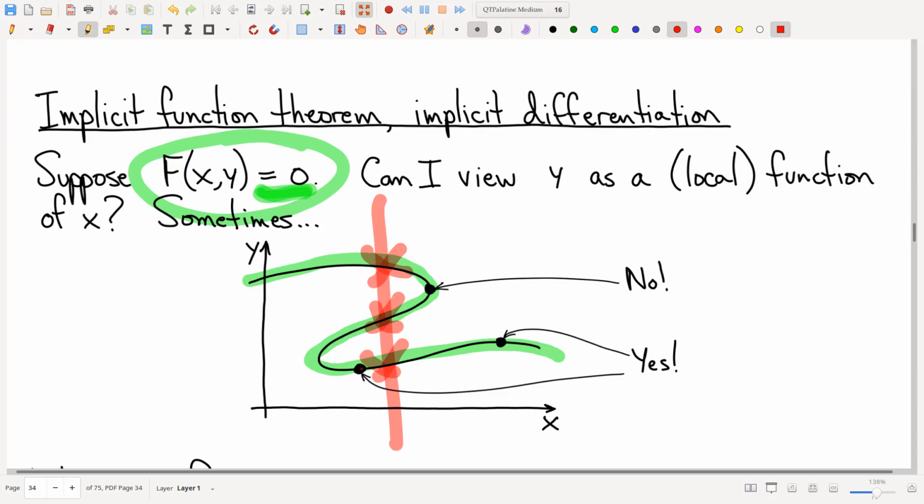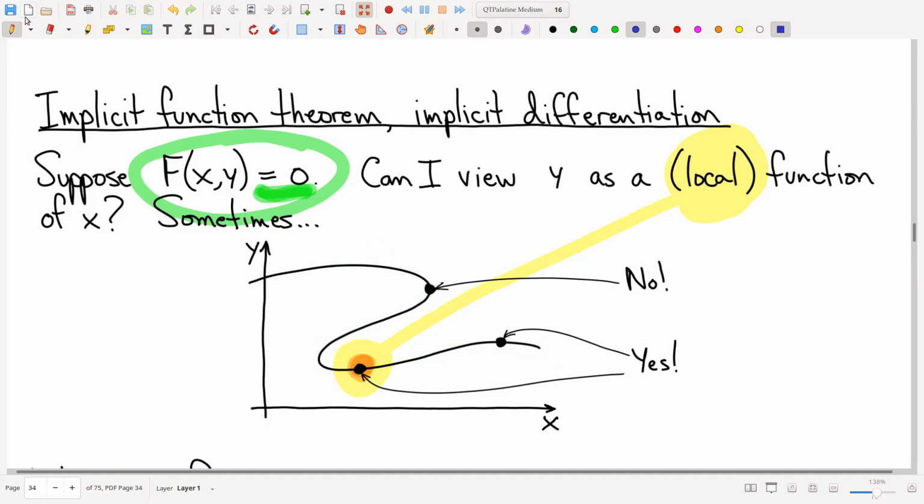Okay, related question. Harder question. Can I, at a given point, let's say this point, locally view y as a function of x? Now, what do I mean by locally? And this is a subtle new idea. When we say we want to view something locally as a function, what that says is restrict your attention to just that little portion.